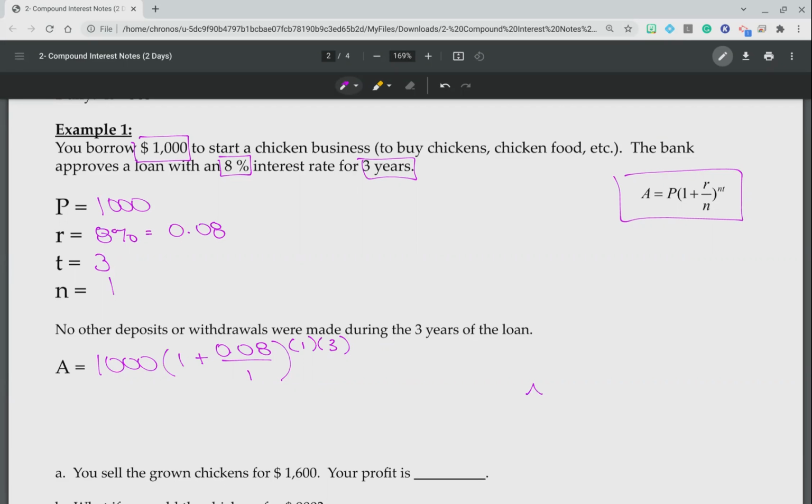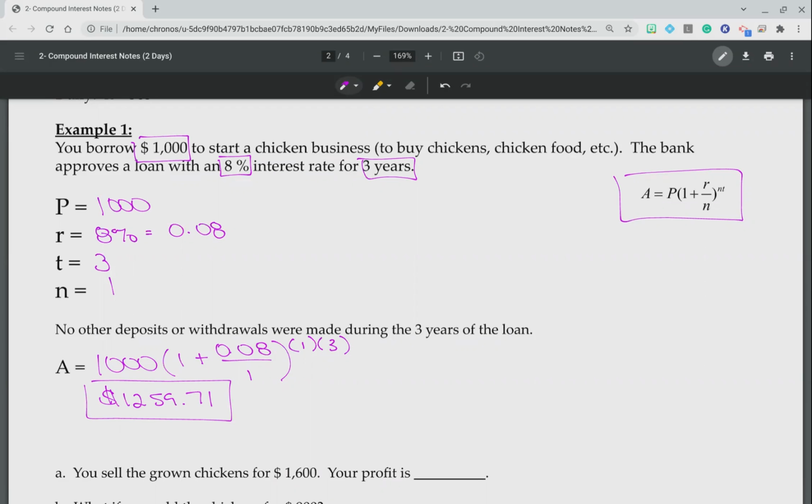It's right on top of the division sign. So I'm going to hit that caret key, and then I'm going to do 1 times 3. All right, and when I do that, I get $1,259.71.